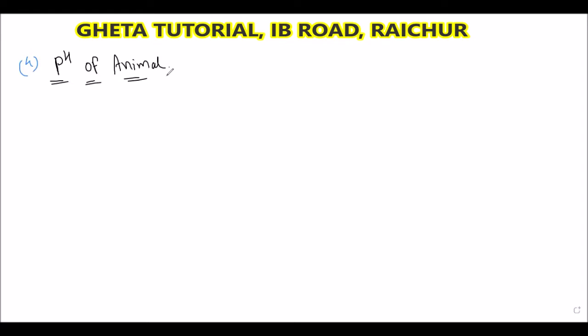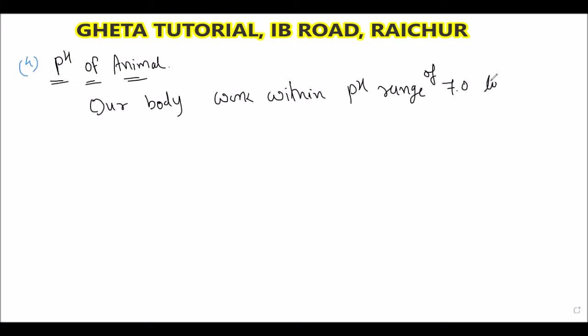As you know, our body works within the pH range of 7.0 to 7.8.